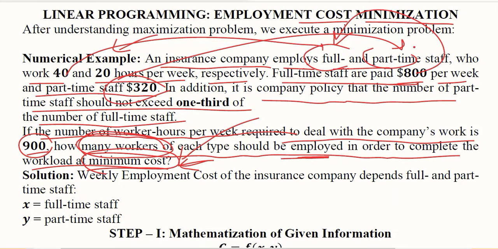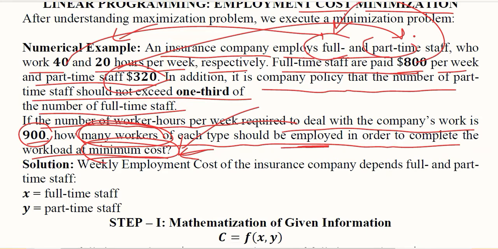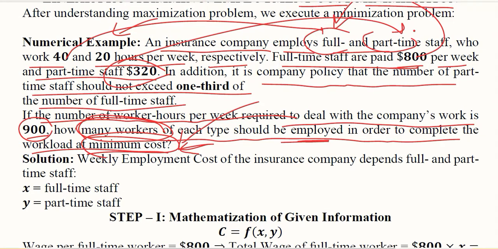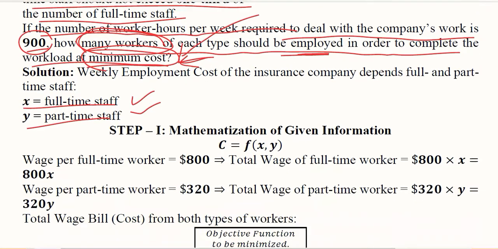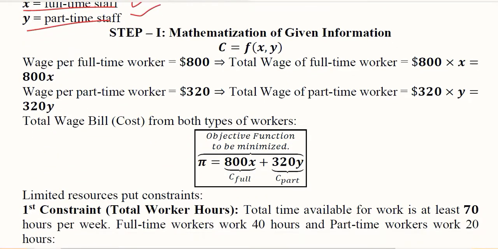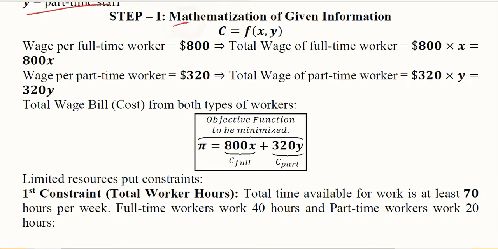So for this we can now apply the linear programming tool, but the first thing we do is to mathematize the given information. X is used for the full-time staff and Y is used for part-time staff. This is step number 1, mathematization of given information.